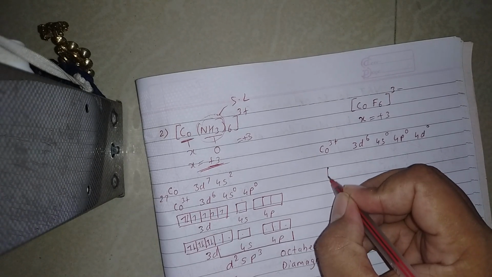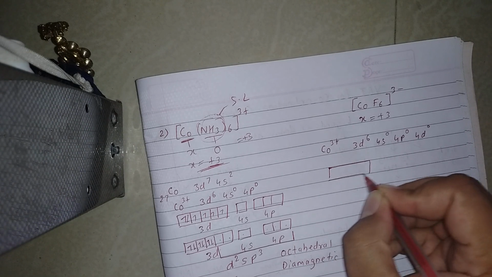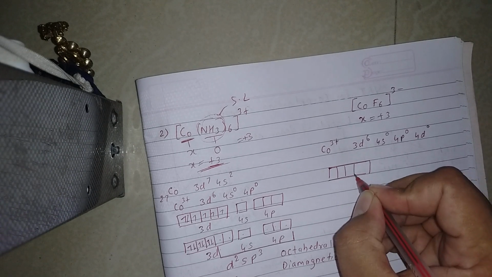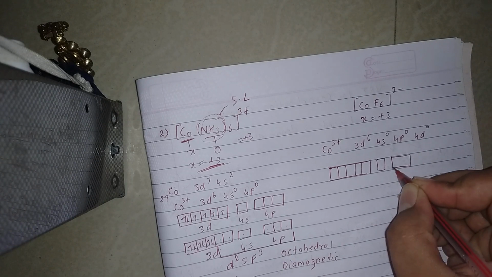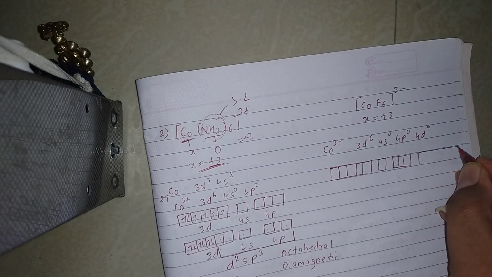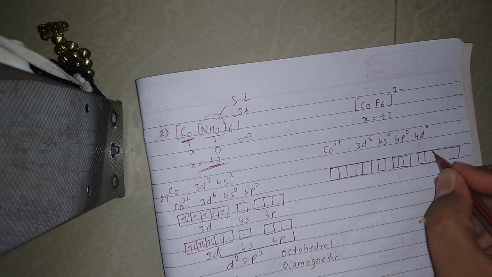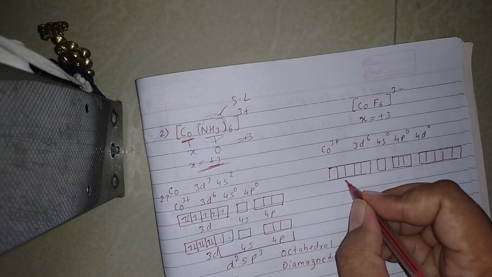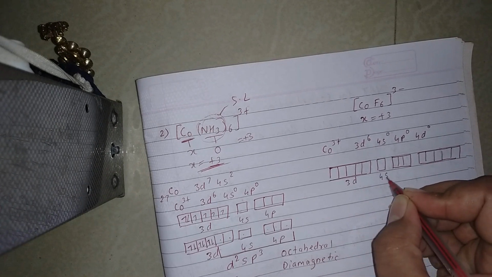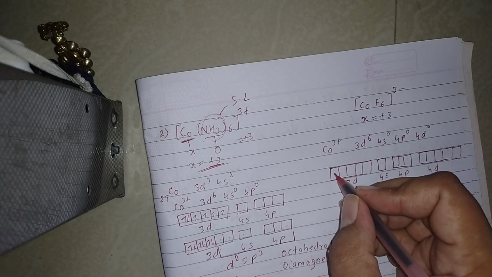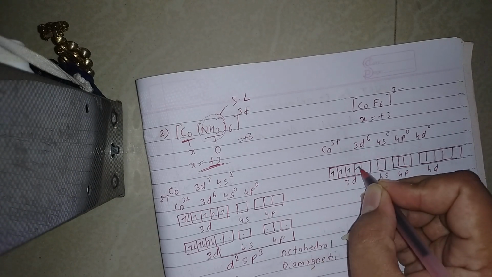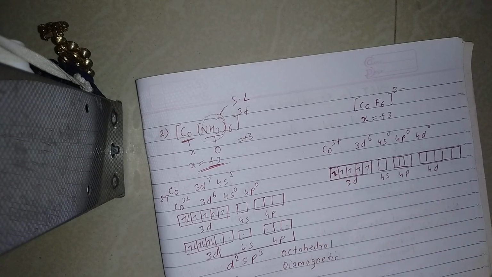So let's draw 3d, 4s, this is your 4p and 4d. 3d has 6 electrons: 1, 2, 3, 4, 5, and the 6th one pairs.